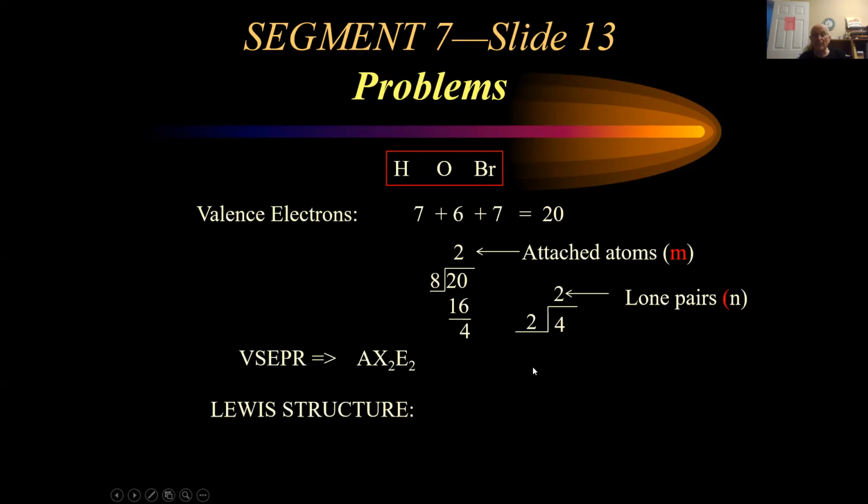Okay? The Lewis dot structure would look like this. We would have kind of guessed that by looking at the Lewis dot structure for oxygen. Oxygen has 2 lone pairs and 2 unpaired electrons. The unpaired electrons are the sites where covalent bonds form.